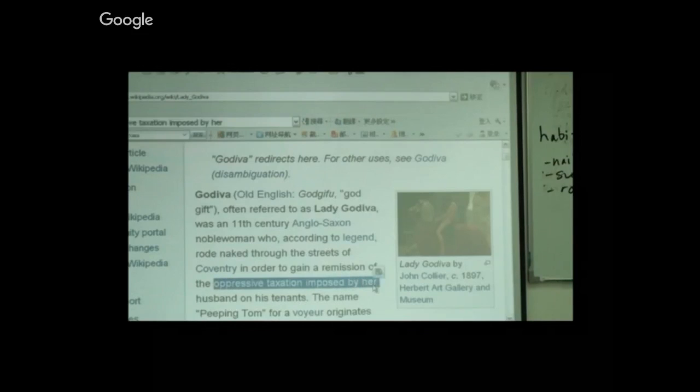Because her husband is very bad. The husband imposes very high taxes on the people. Her husband doesn't want to listen to her to lower the tax. So what she did, she removed her clothes, rode on the horse, and walked around, riding around the town.